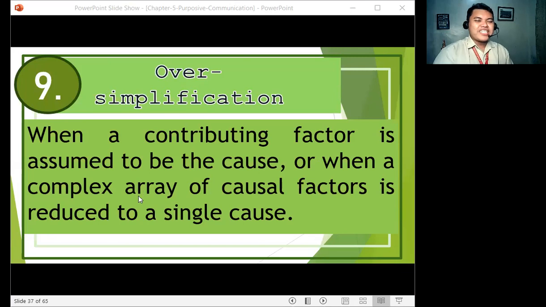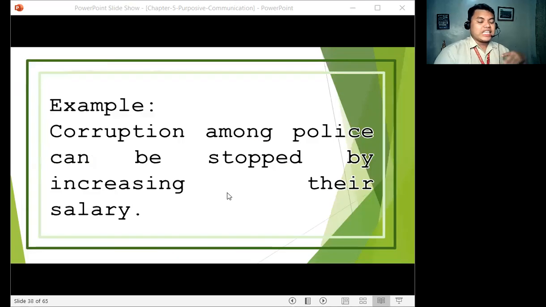Oversimplification. From the word itself, oversimplified. This is when a contributing factor is assumed to be the cause, or when a complex array of causal factors is reduced to a single cause. Let's look for an example. Corruption among police can be stopped by increasing their salary. This is a misleading claim because corruption is caused by many other factors, not only low salary.